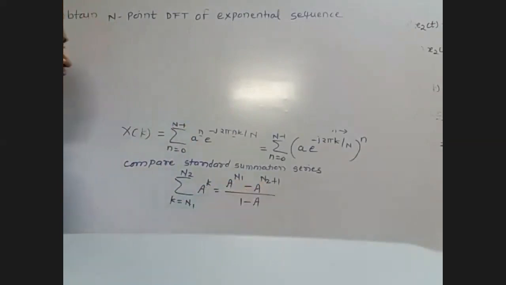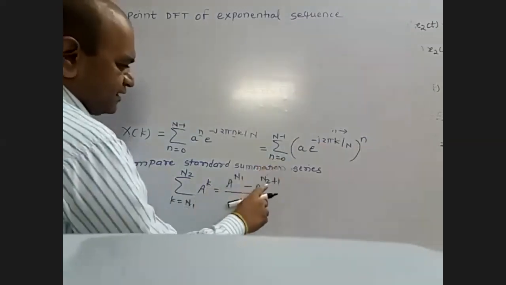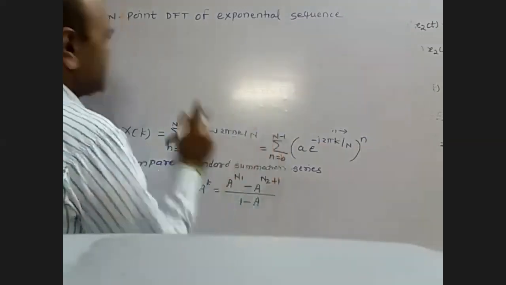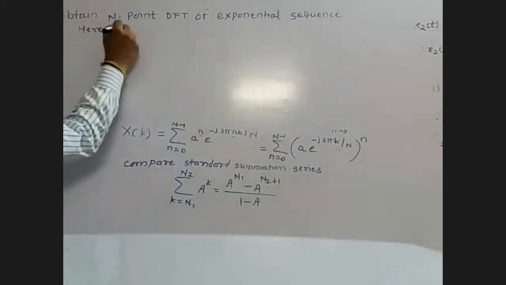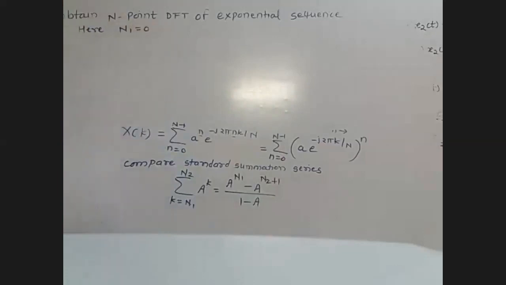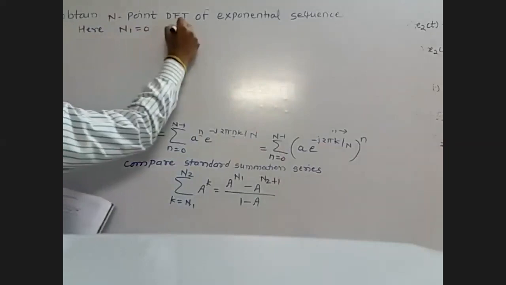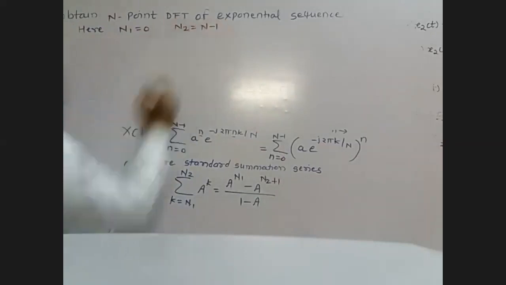We consider n1 as n equal to 0, and n2 is n minus 1.